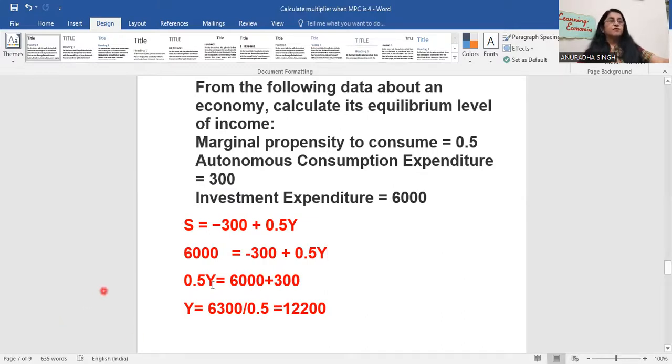Now 0.5y is equal to 6,000 plus 300, because we have changed the sides. We have got 6,300. So 6,300 divided by 0.5 comes to 12,600. So this is our equilibrium level of income.